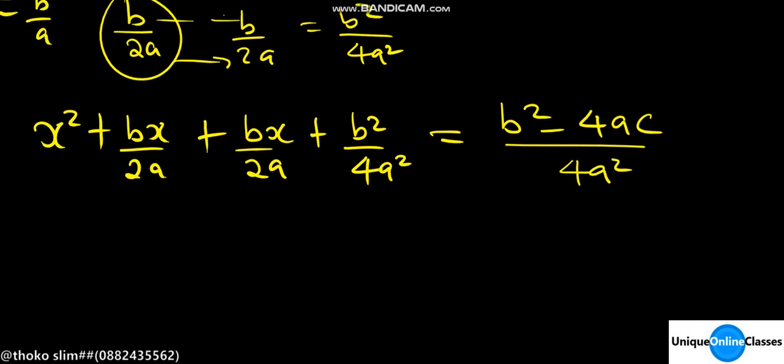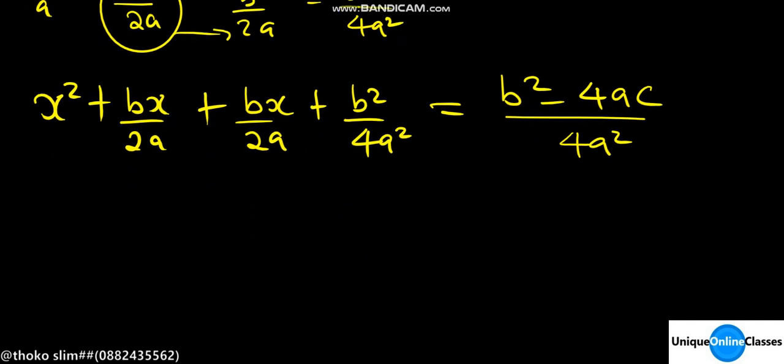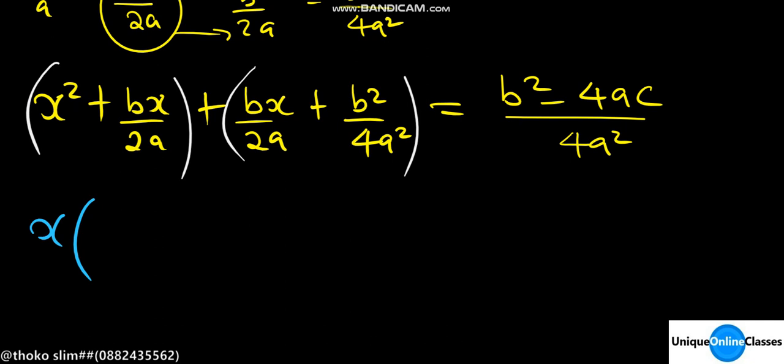And the next thing we need to do, we're going to group the terms. So I'm grouping this. First, the common factor in the first bracket, that's the x. If I take out x here, I will remain with x plus b over 2a.